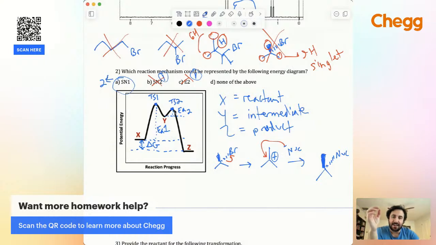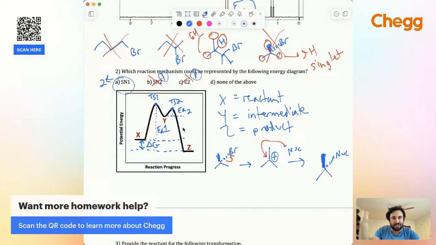The very slight hill is just about the steric hindrance associated with the negatively charged nucleophile approaching that electron density on the neighboring alkyl. But it's a very low activation energy because it's a negative charge coordinating. Well, it could be neutral, it could be a lone pair, but let's say it's an anion. We have a negative charge approaching a positive charge.